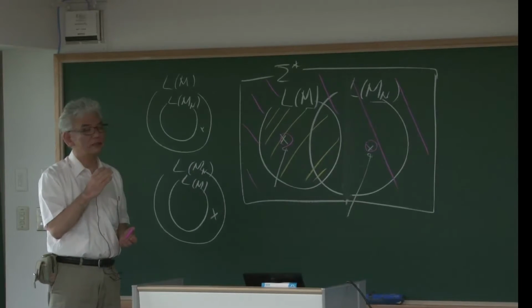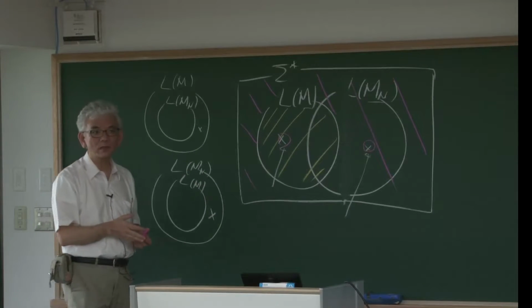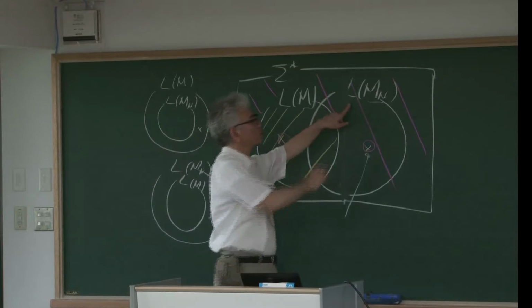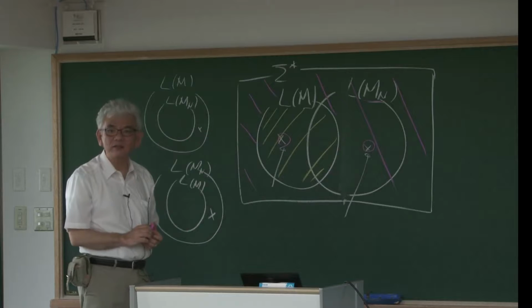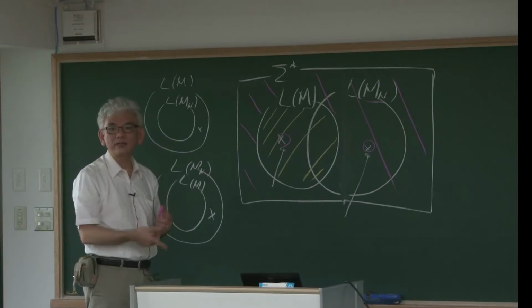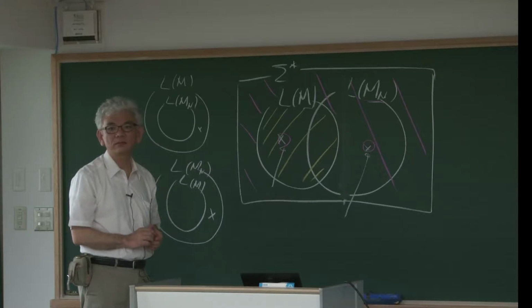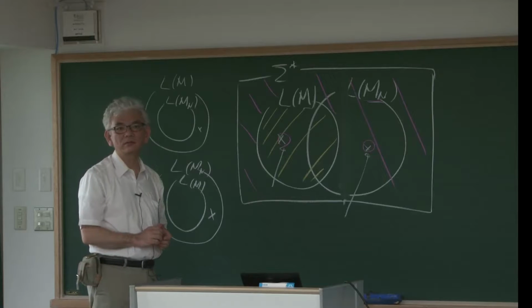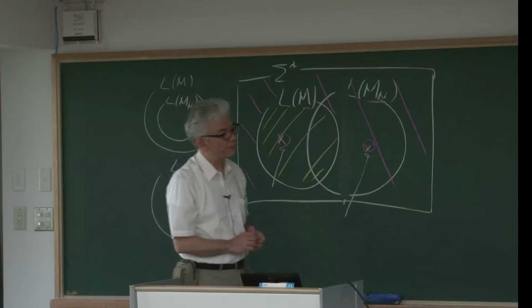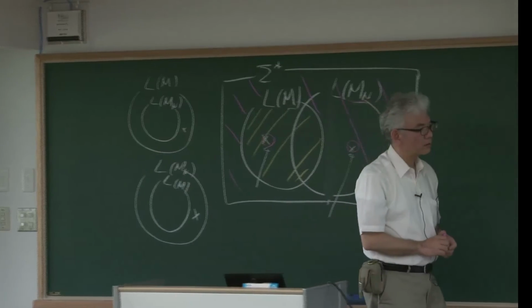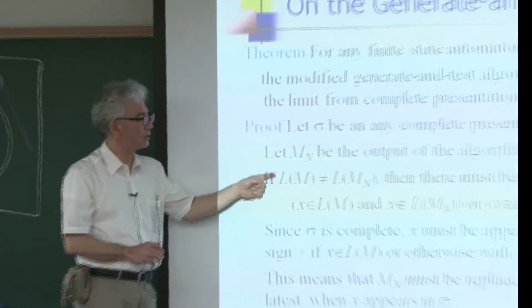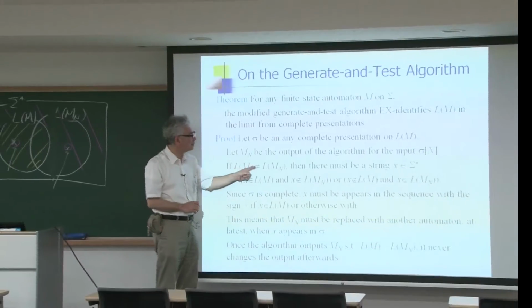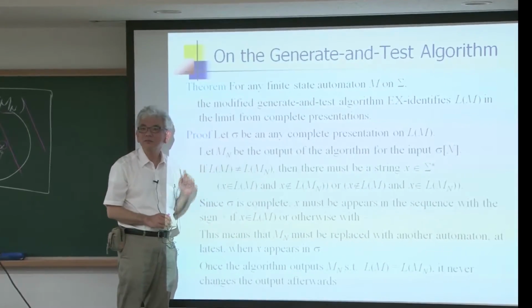In such a situation, this conjecture must be rejected and revised. So, when such a situation happens, we assume that L of M is not L of Mn.